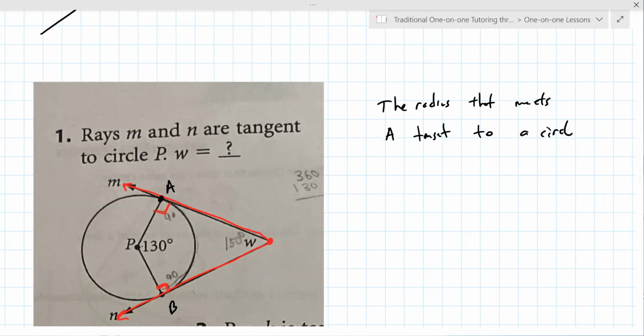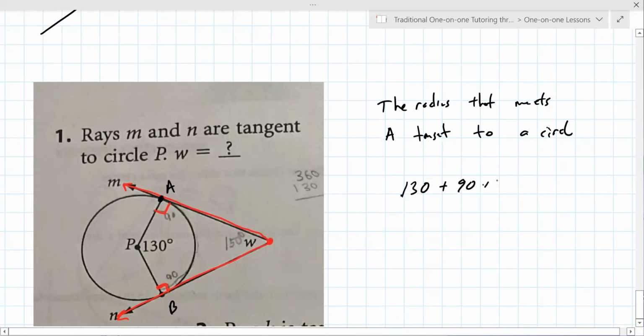To find point W, I looked at the shape, which is like a kite. I know that there's 90 and 90 is 180, plus 130 is 310. And the total for a kite is, one, two, three, four, I'm trying to remember, 360.